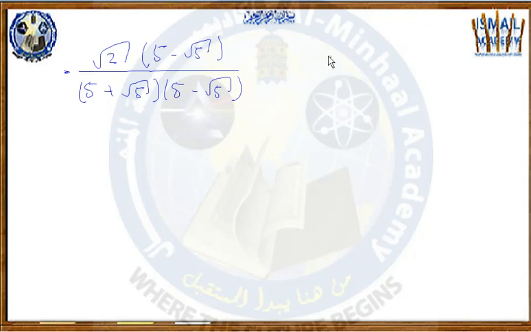Alright, so we know that a plus b times a minus b gives me a squared minus b squared, yes? So that means on the bottom I will have 5 times 5, which is 25, and square root of 5 squared is 5.